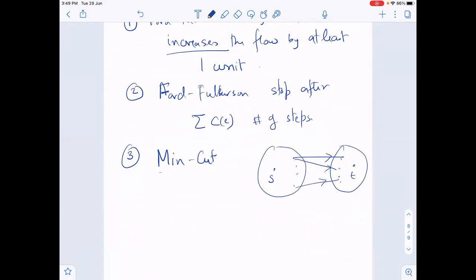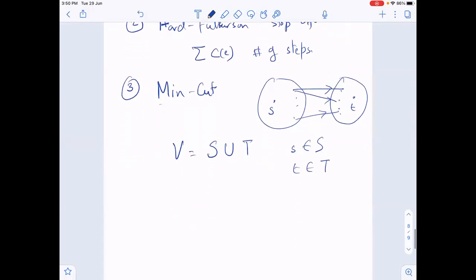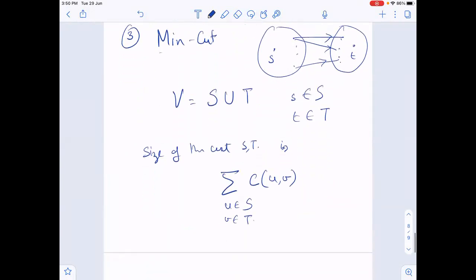You just split the vertex set into two parts, S union T, where small s is in capital S and small t is in capital T, and look at the size of the cut ST, which is the sum of the capacity of the edges uv, where u is in the set S and v is in the set T. The edges that go from here to here.